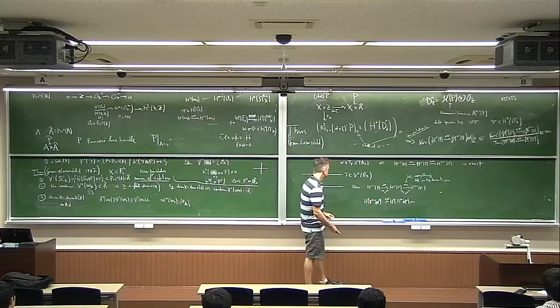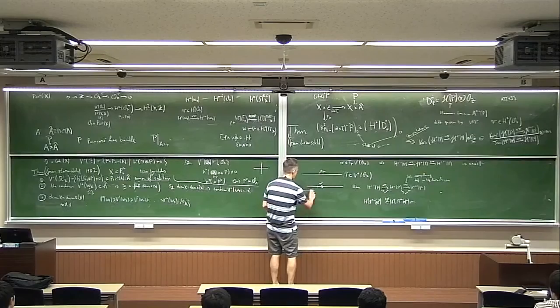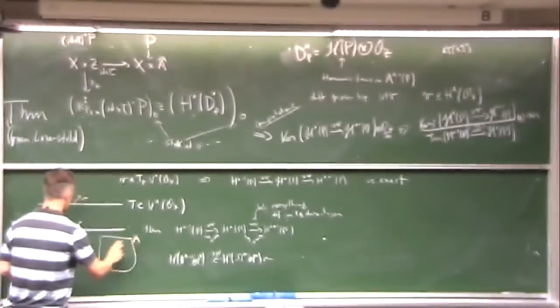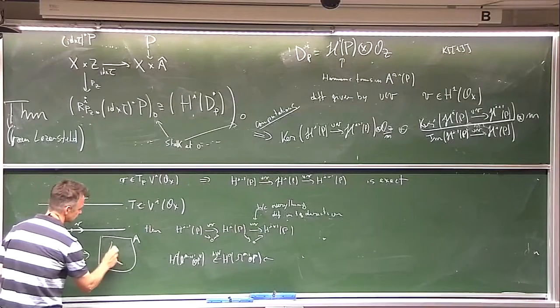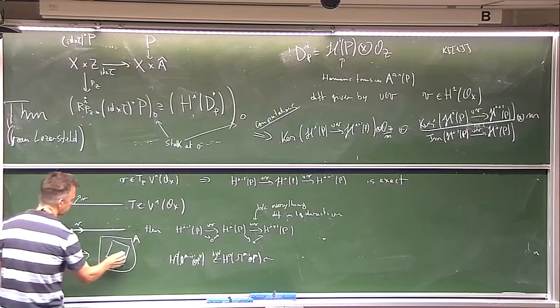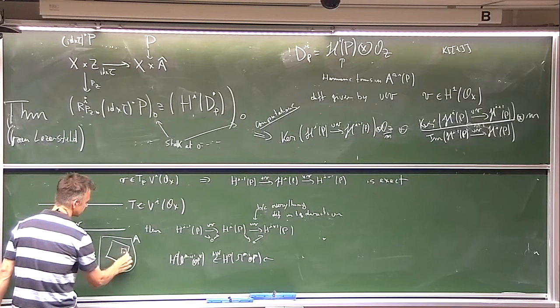Okay? So what's the point here? X is of maximal Albanese dimension. So the map onto A might not be surjective, but it maps onto a subvariety of A, and it's generically finite. So if I pick a general point here, then I'm getting an isomorphism between the tangent spaces.